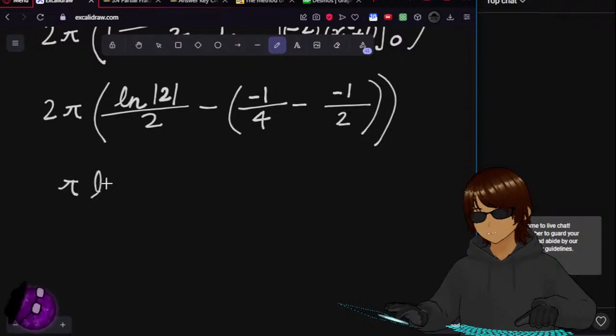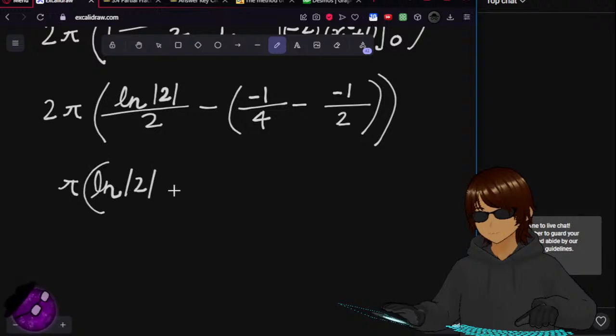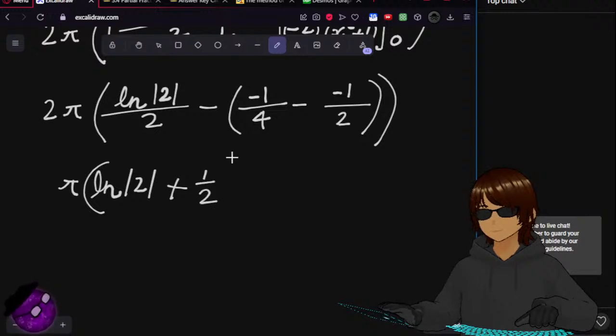Pi ln of 2, then multiply 2 over here, minus and minus becomes plus, and then minus again becomes minus 1.